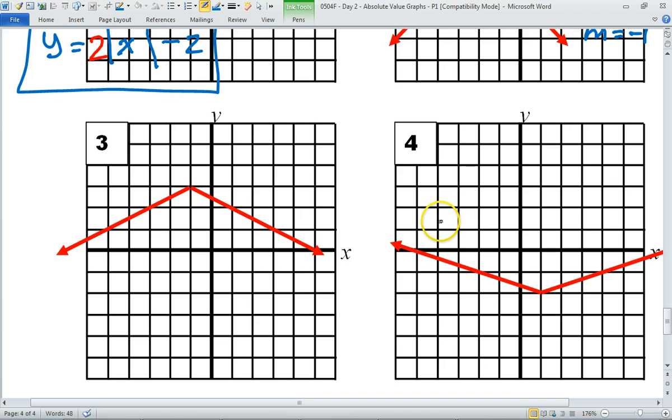Kelvin, tell me the vertex. Negative 1, positive 3. Now, what does that mean inside and outside of the absolute value?